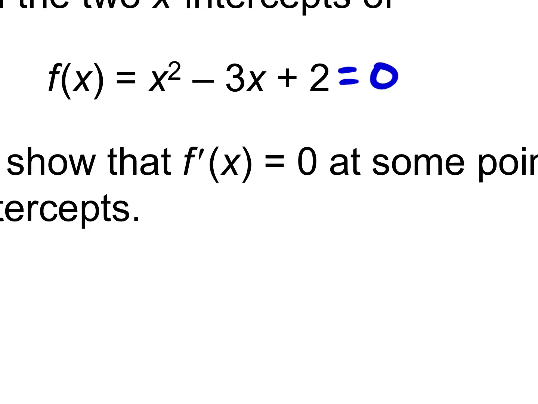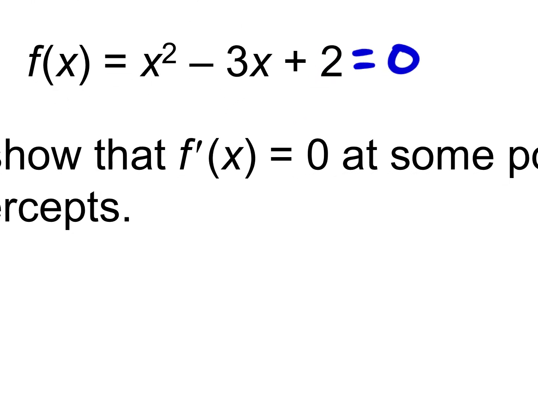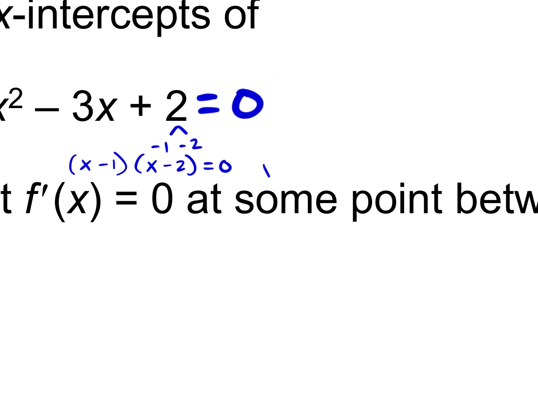How would we solve here? We factor. What are two factors of 2 that add to -3? -1 and -2, perfect. So we have x minus 1 and x minus 2 equals 0. So what's x going to equal? x can equal 1 and 2. Our x-intercepts are 1 and 2.